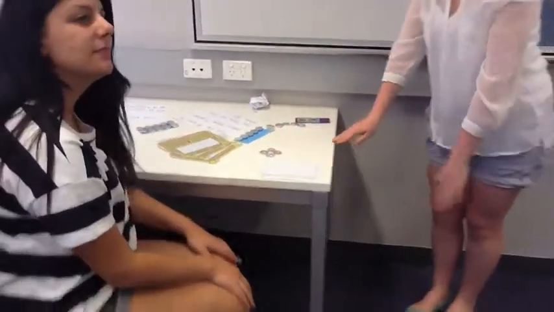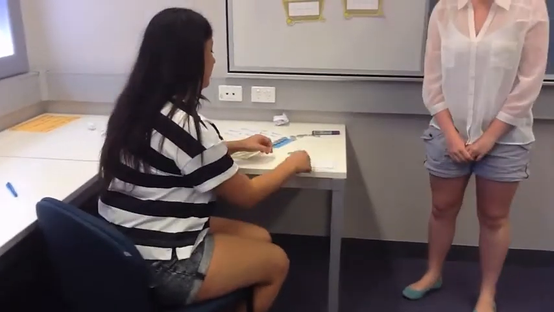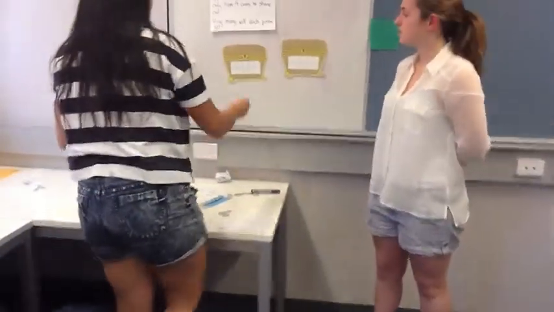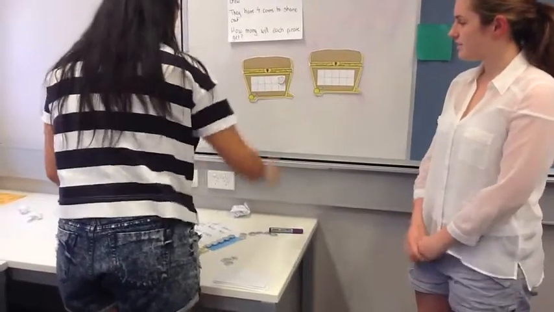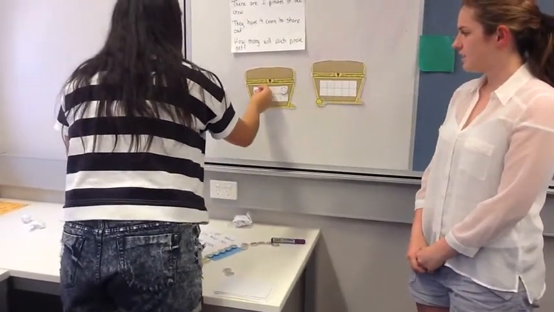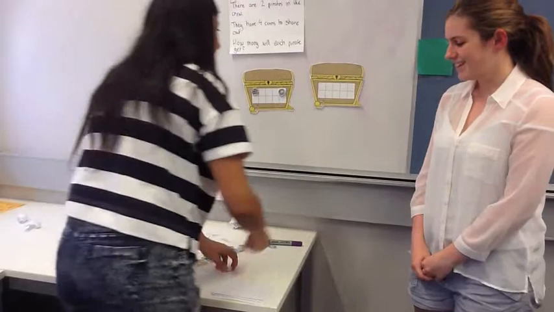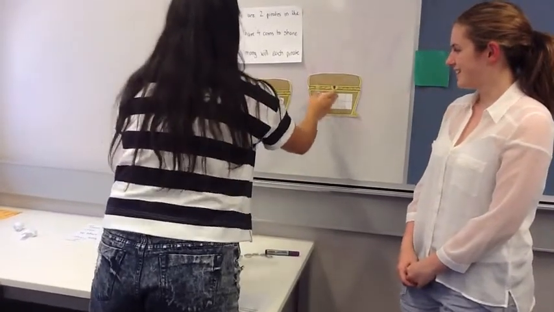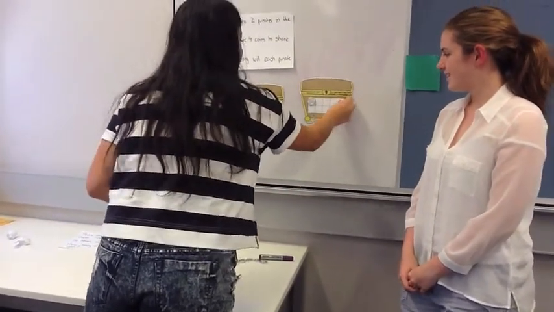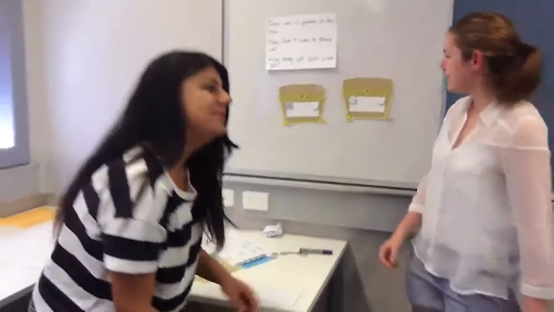Dan, can you please show me how many each pirate will get in their treasure chest? So 2 each. Well done. Alright, so how did you come to that answer?